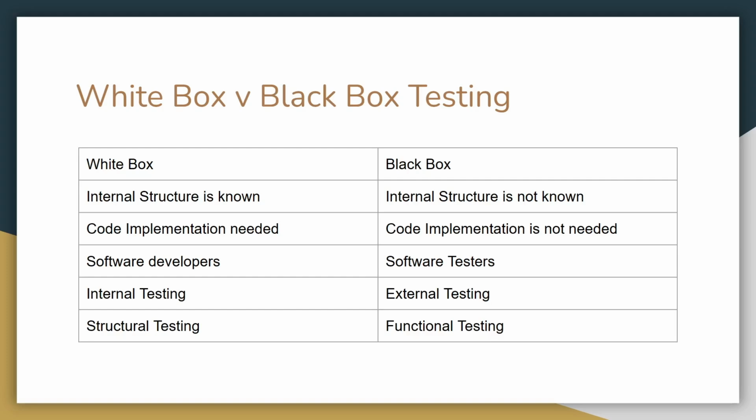It is more of an internal testing over structural functions of the software and program. But black box testing is where internal structure is not needed to test it, where code implementation is not known, where black box testing is mainly done by software testers as an external testing and functional testing.